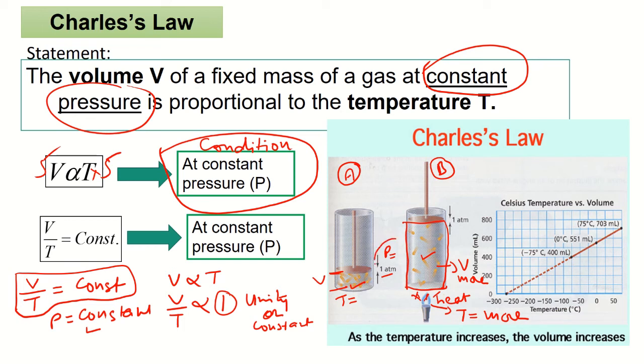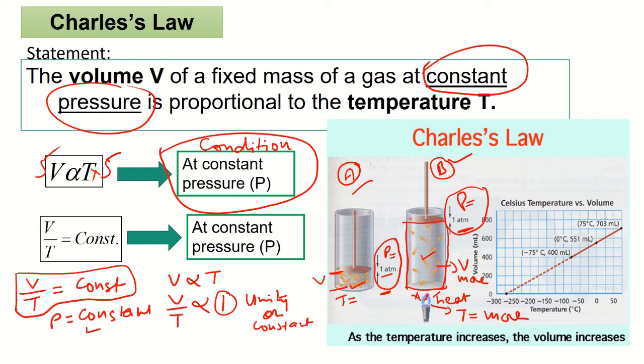But the pressure here is 1 atmosphere, and in this case also the pressure is kept constant. So in case A and in case B, on both sides the pressure should not change, otherwise this rule will not work. And there is a graph, the Charles graph, or we say it is a VT graph.